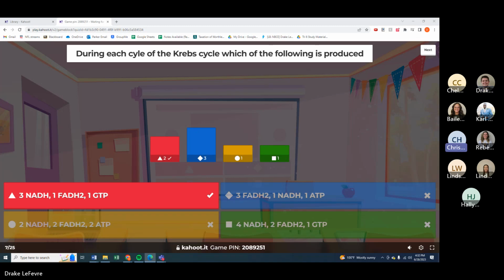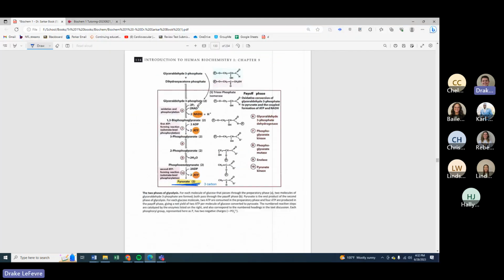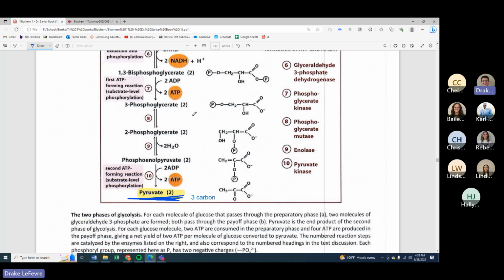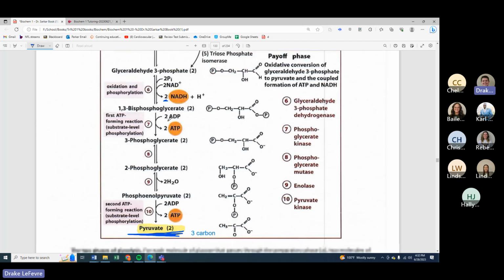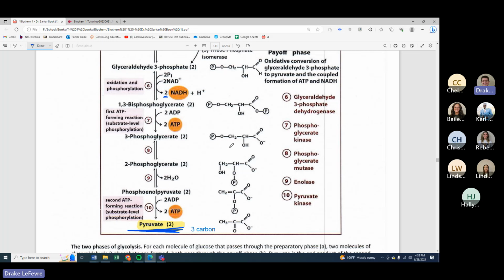Yes, so here's our glycolysis. Because we have 2 glyceraldehyde 3-phosphates, we make 2 NADH. So you get 2 NADH total from glycolysis, and then you end up with 6 from the Krebs cycle after both pyruvates have gone through.